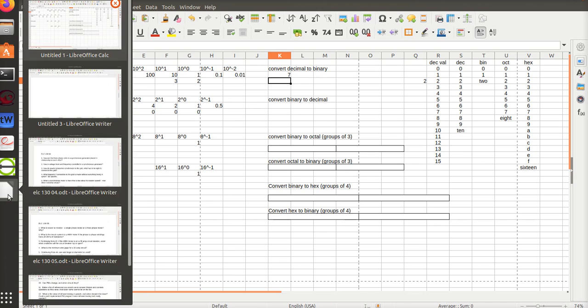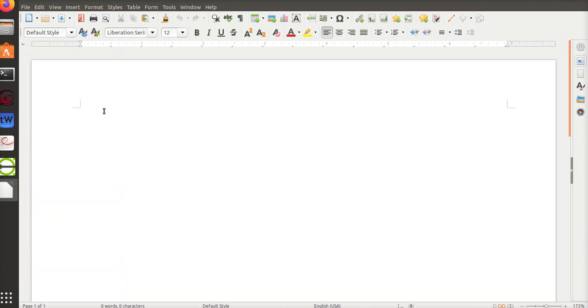In order to not be too confusing, we use subscripts to tell what number systems we've got. So anytime you have a decimal number, you won't have a subscript. But when you have a binary number, you will have a subscript. And the subscript is the base.